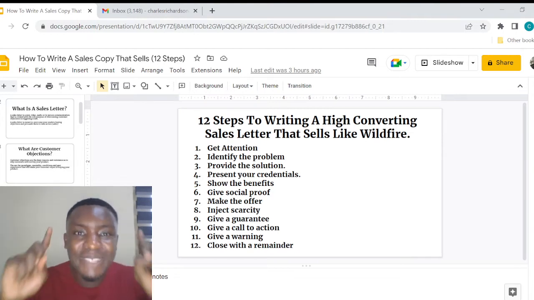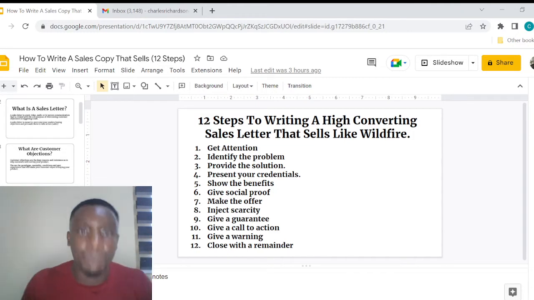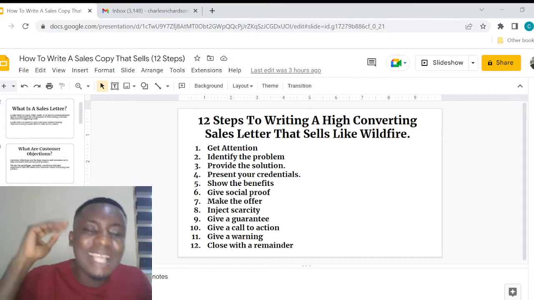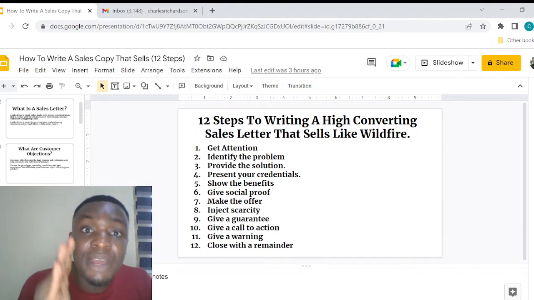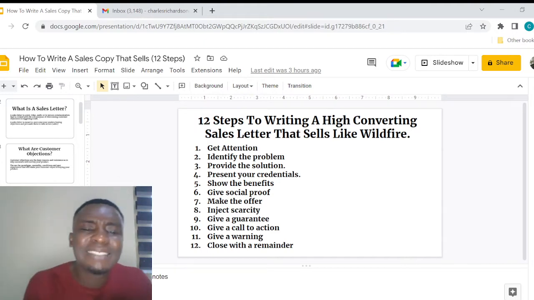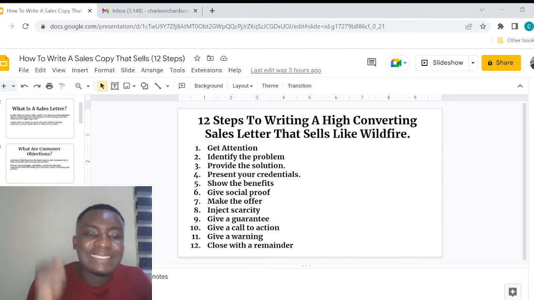Number 1, you get attention. Number 2, you identify the problem. Number 3, you provide the solution. Number 4, you present your credentials. Number 5, you show the benefits of your product. Number 6, give social proof. Number 7, you make the offer. Number 8, inject scarcity into your offer.